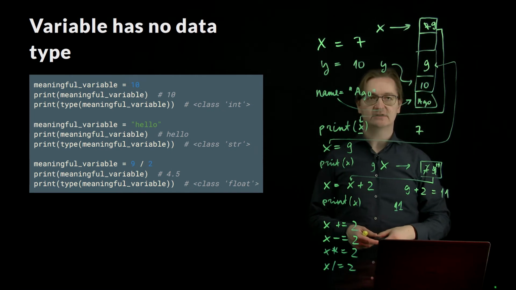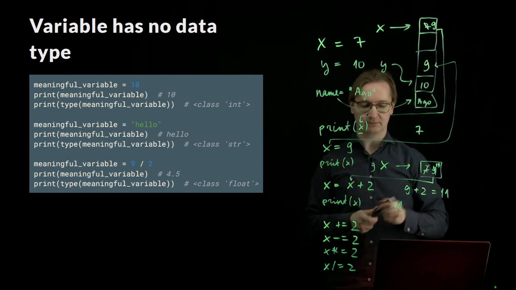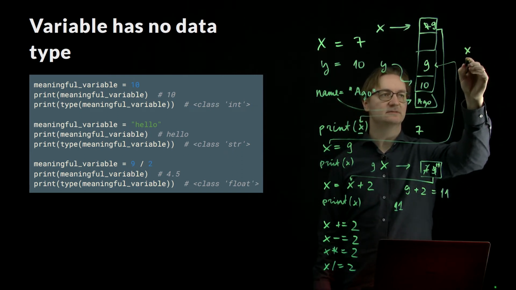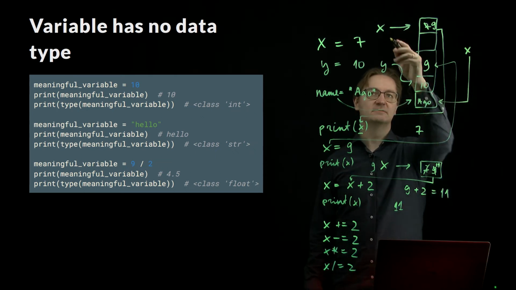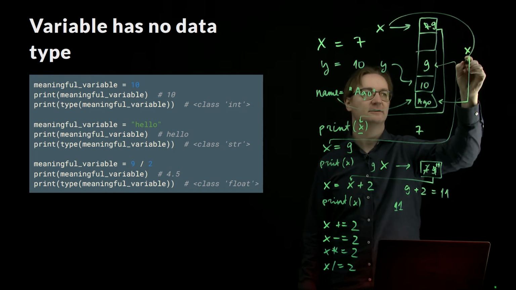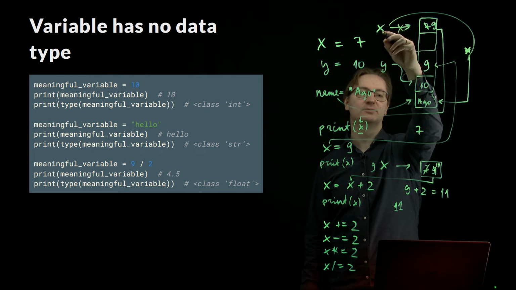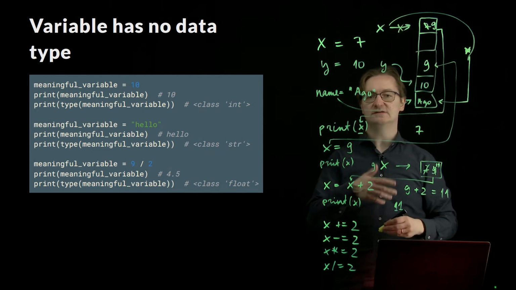Now I can assign a new value to this same variable. So in my example, I could say that x is, let's say, a string. Now x points to this value in memory, which is a string.